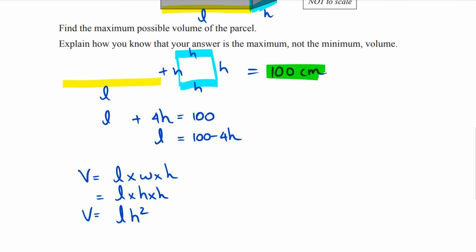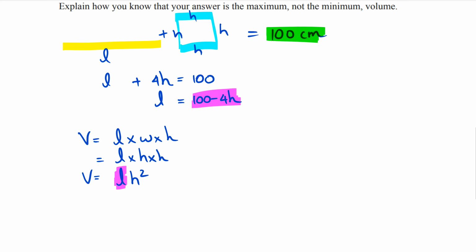Because we've written L in terms of h, we can get rid of this L and rewrite the volume formula as 100 minus 4h multiplied by h squared. At this point, you just expand the brackets, so we get 100h squared minus 4h cubed.